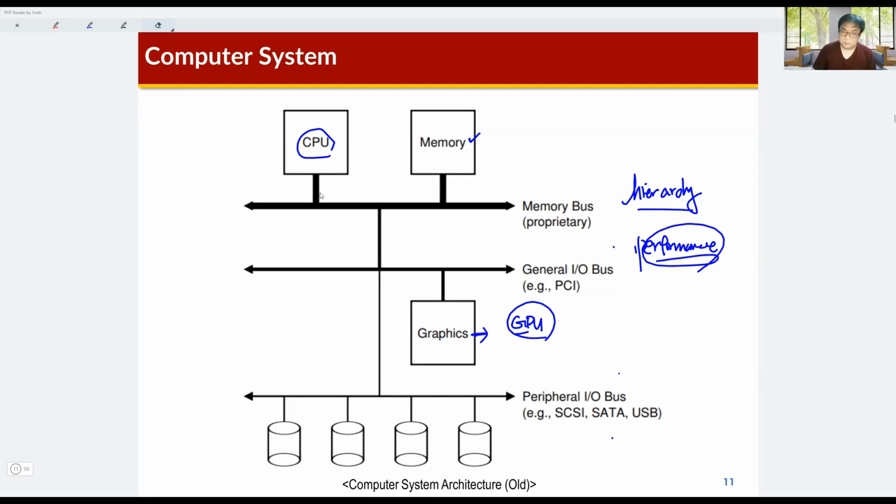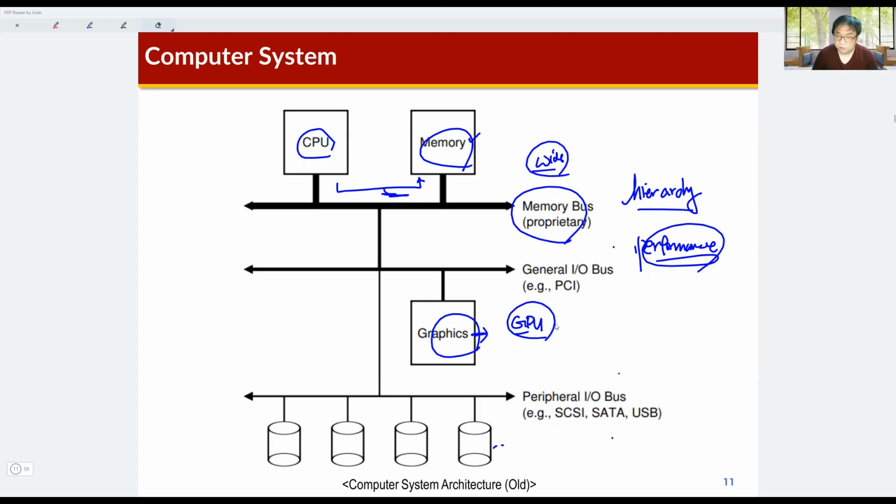The CPU is connected to main memory, the GPU, and other peripherals. But as you can see, this memory bus is very wide, and it supports high data bandwidth. Why? Because a large amount of data is communicated between the CPU and main memory. That's why this memory bus is very wide, and it supports high bandwidth.